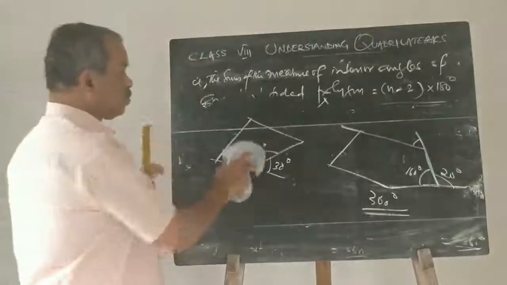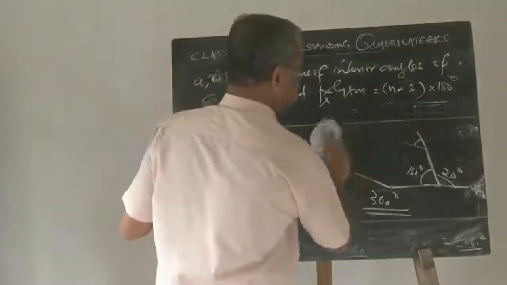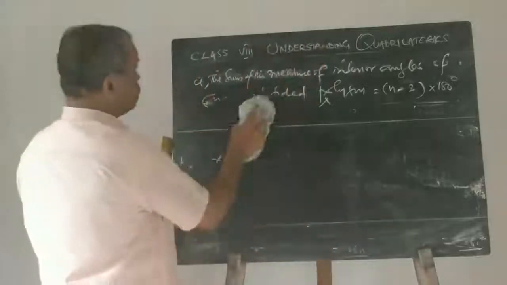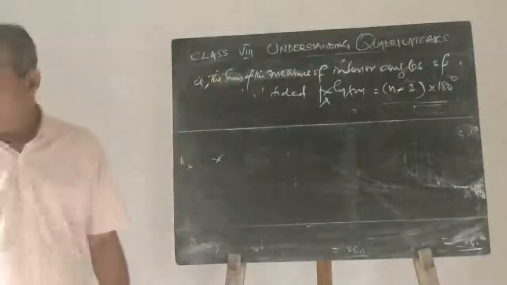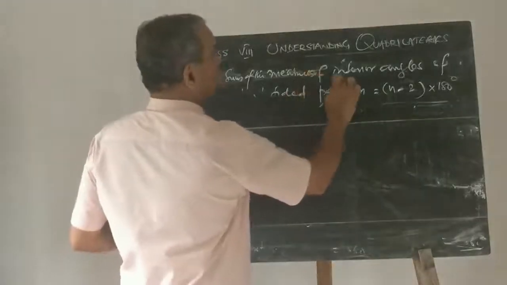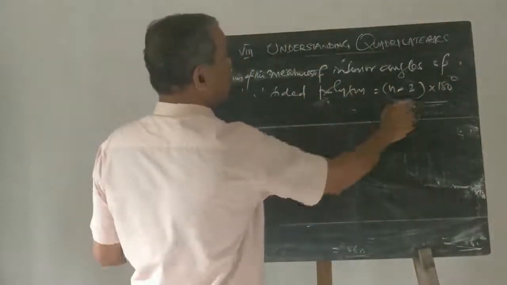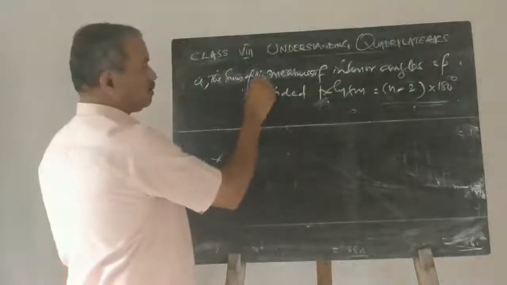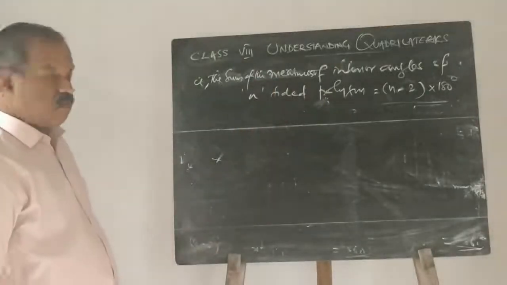So remember these two results. First, the sum of the measures of the interior angles of an n-sided polygon is equal to (n minus 2) into 180.